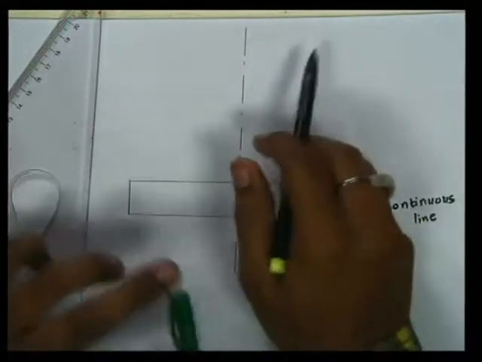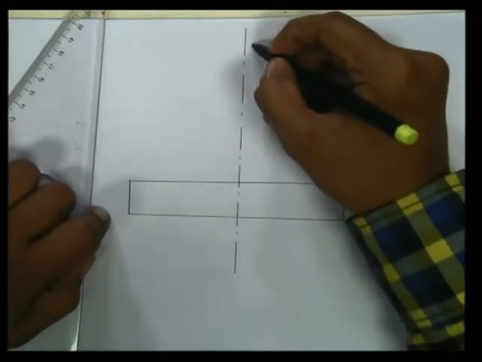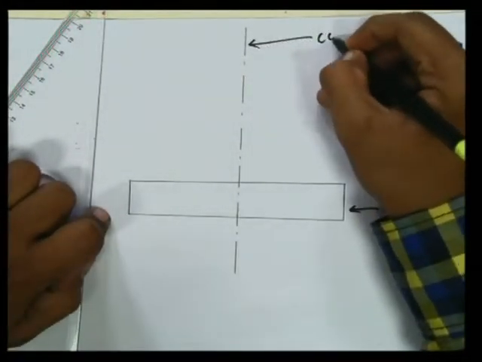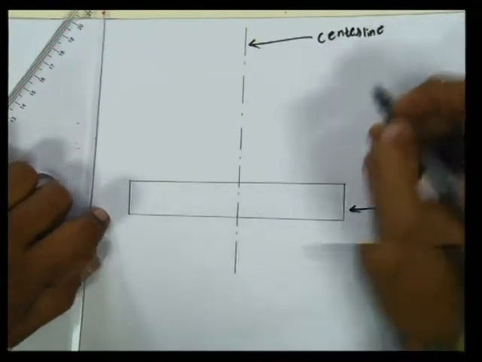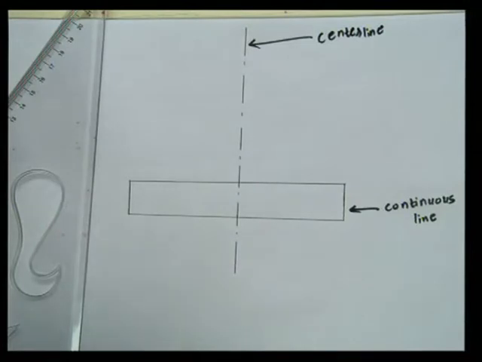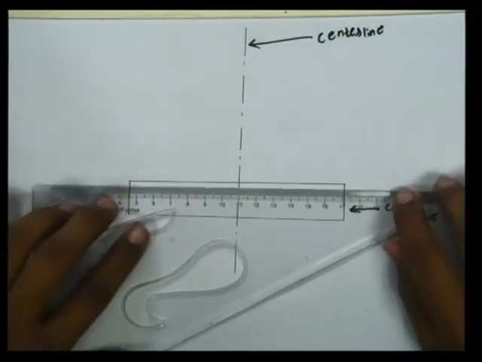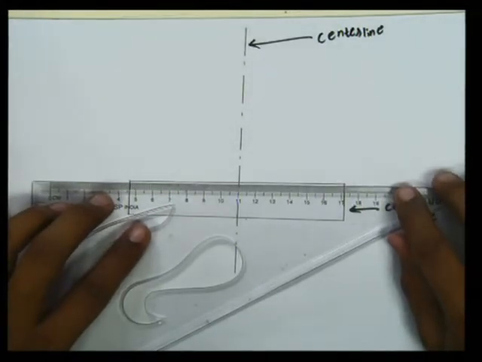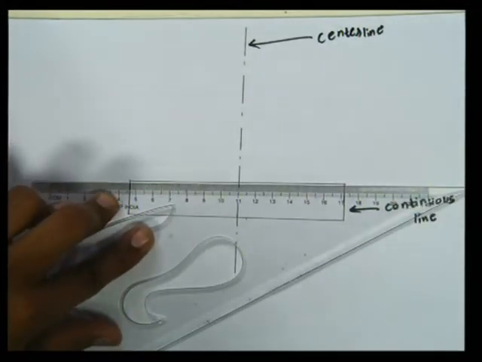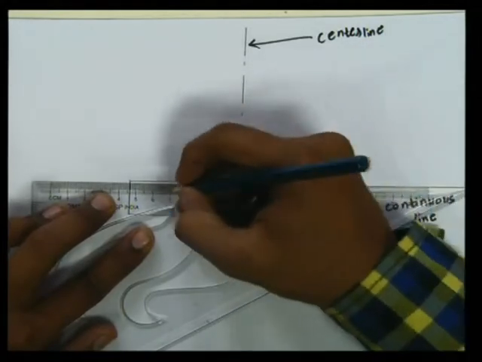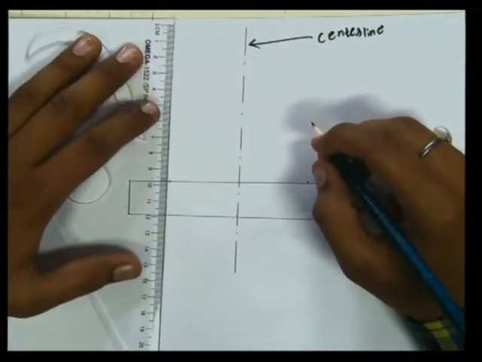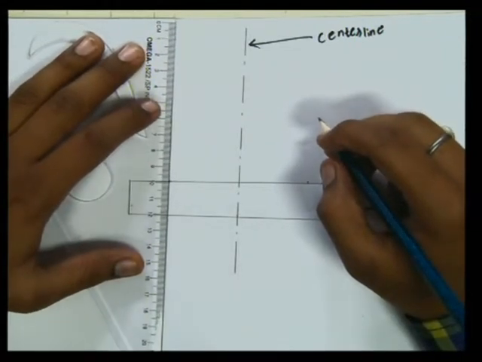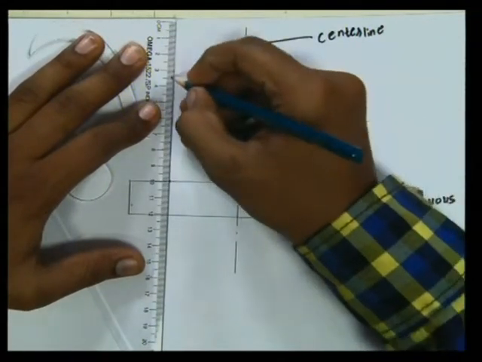Center line is used to show the center of any object. Now I will form a cylinder kind of formation, which is a hollow structure.